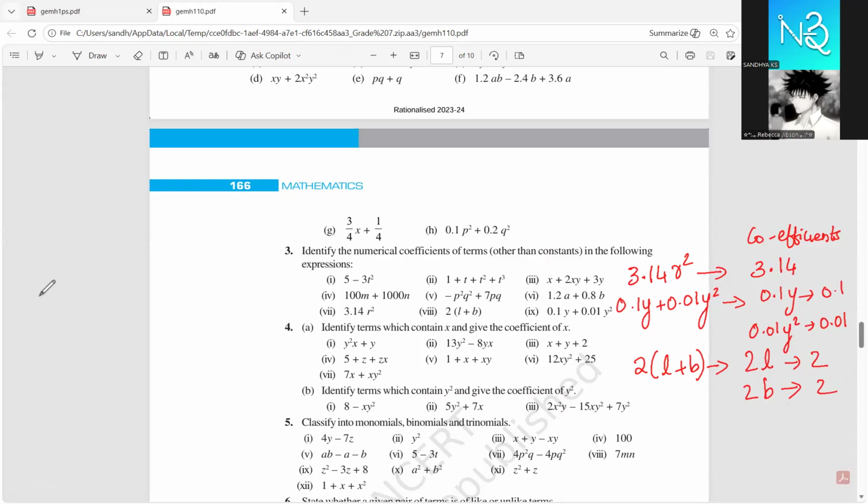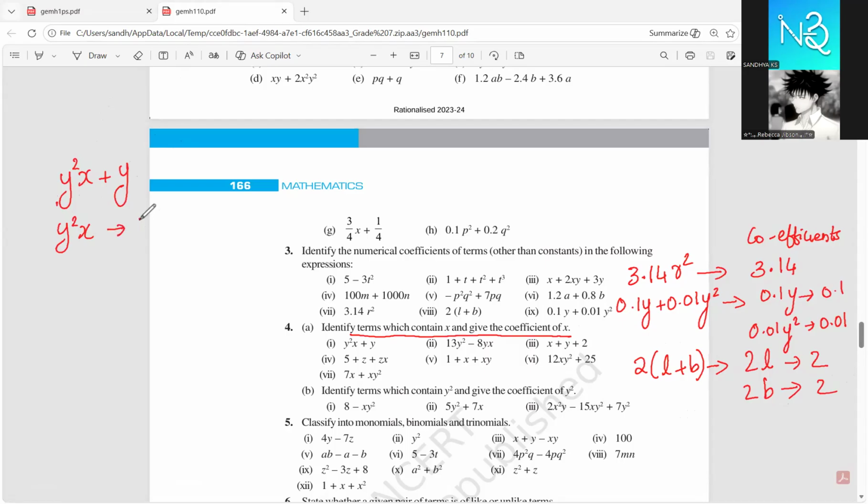So this much is understood. Now, if the question is to identify the term which contains x and give the coefficient of x, not the whole term. So y squared x plus y. Here we have two terms. Identify the term which contains x: y squared x. We need to take only y squared x. What is the coefficient?